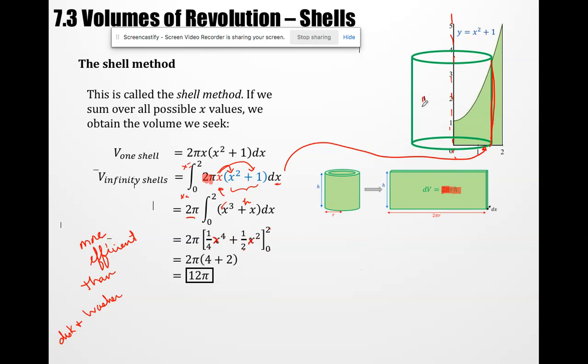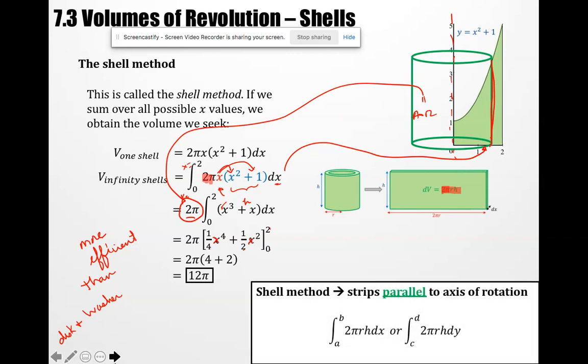Parallel to axis of rotation is where you have the 2 pi r h. Okay, so the shell method is for when the strips you draw are parallel to the axis of rotation.